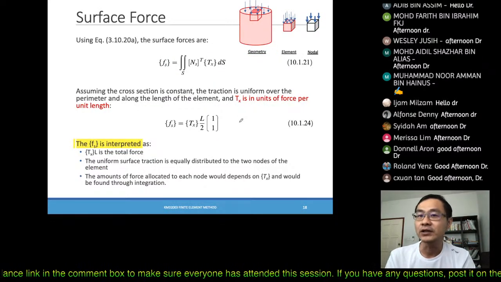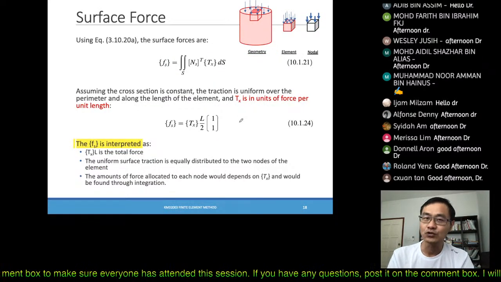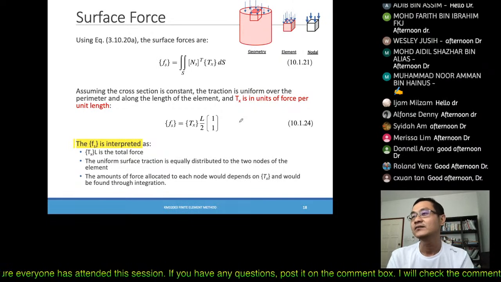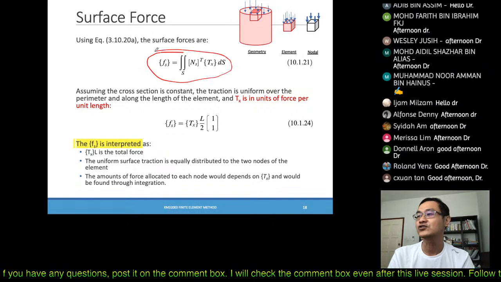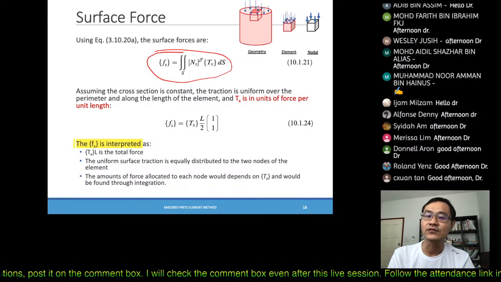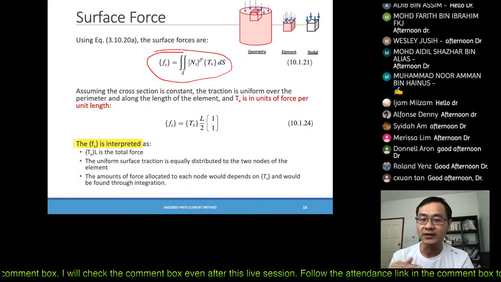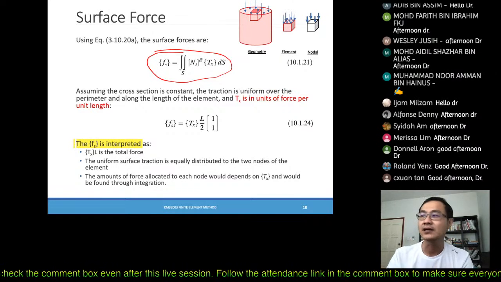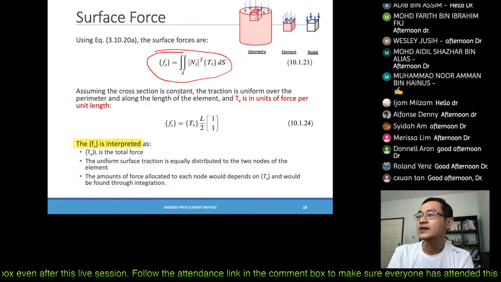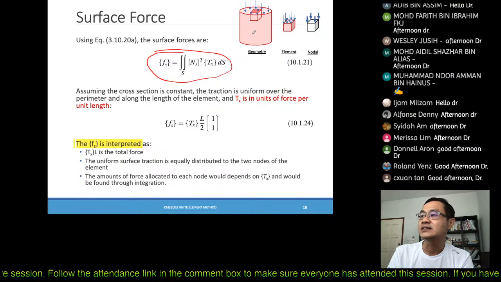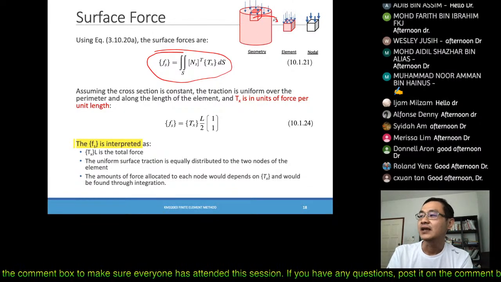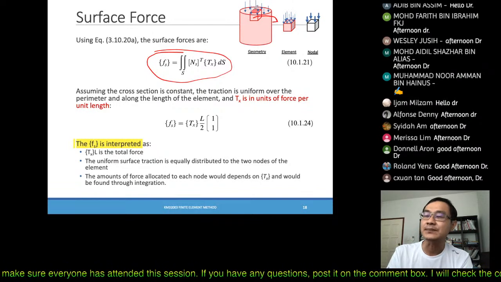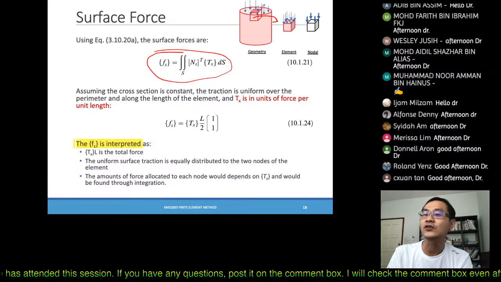Similar to body force, we have similar formulations for the surface force. Surface force refers to the force that acts only on the surface, not internally. Again, from the geometry we can extract the cube out, and this cube is subjected to maybe a pressure from outside.